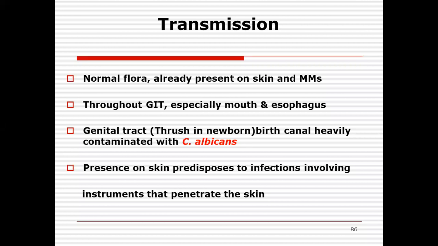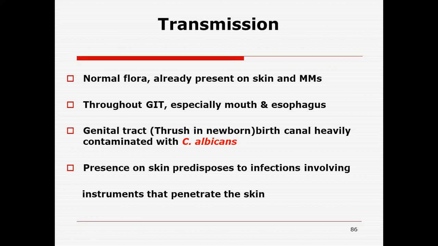The birth canal is heavily contaminated with Candida albicans, and the newly born baby, during the process of parturition or delivery, gets infections like we have seen in case of Neisseria meningitis. So the organism is normal flora in the mucous membrane, respiratory tract, and GI tract, and it causes thrush in newly born babies.